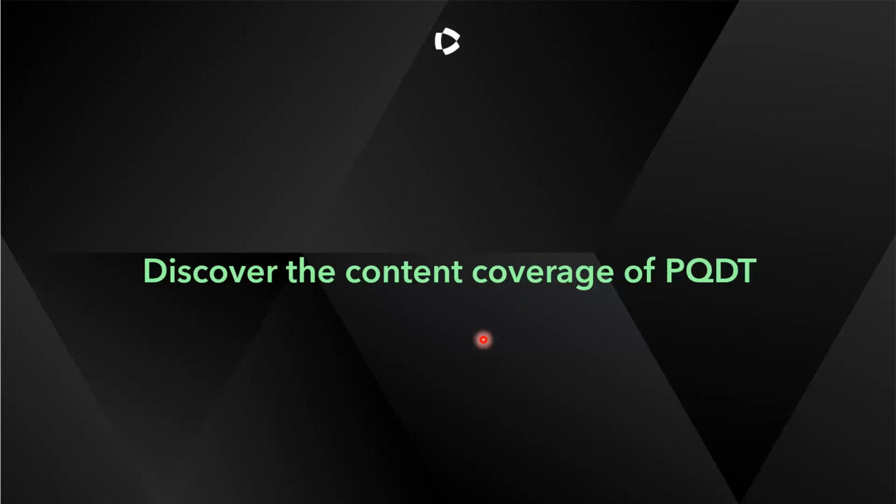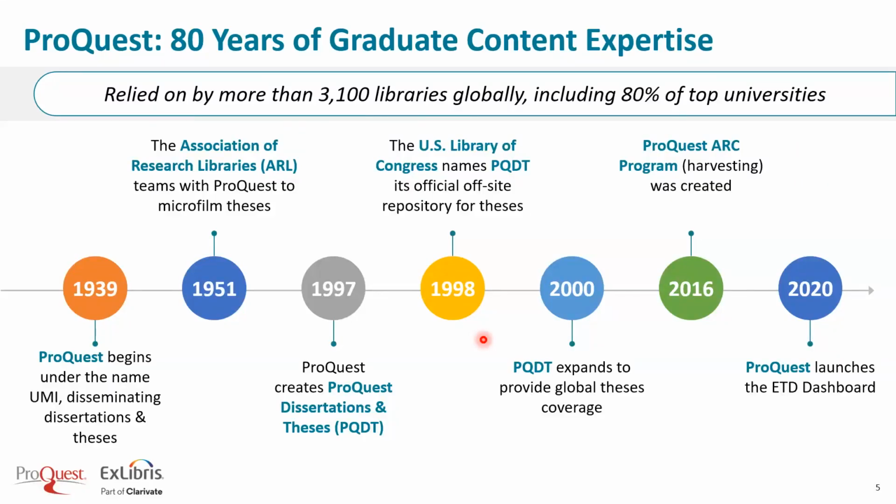Discover your content coverage. Just to give you a brief introduction, ProQuest started disseminating dissertation and thesis content, which is actual graduate work done by users across the world, from 1939.